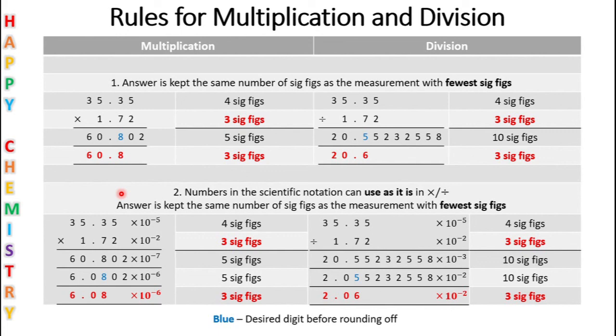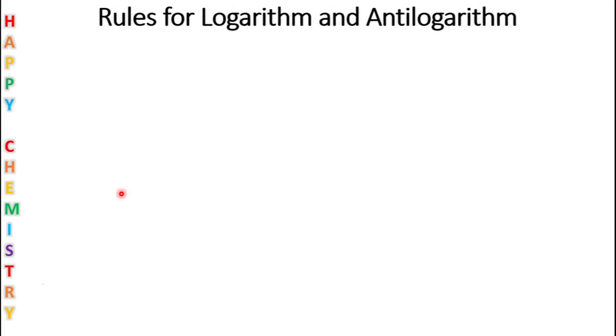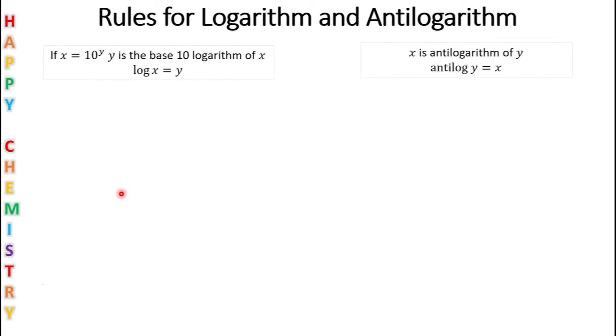Now let's see rules for logarithm and antilogarithm. First, we will see the definitions for logarithm and antilogarithm. If x equals 10 to the power y, y is the base 10 logarithm of x.